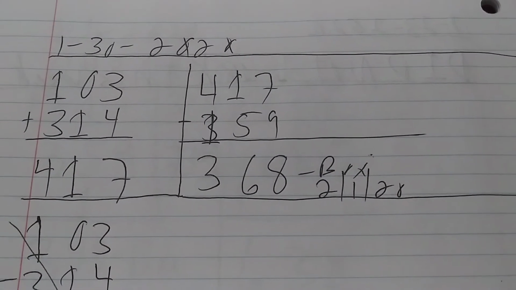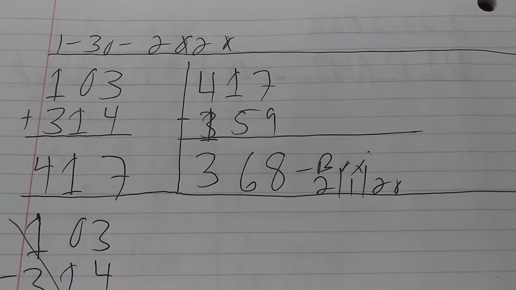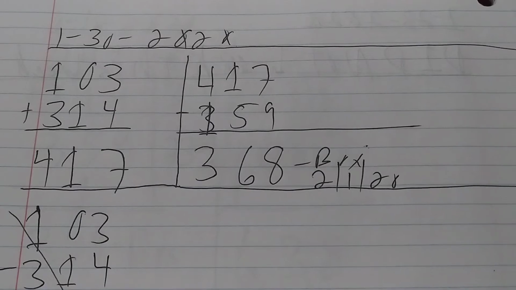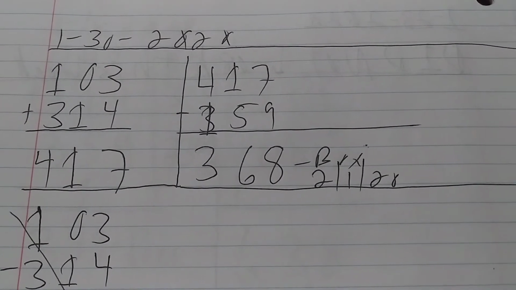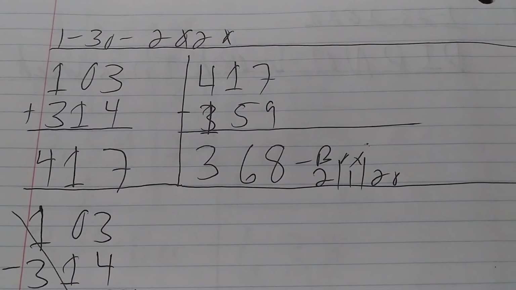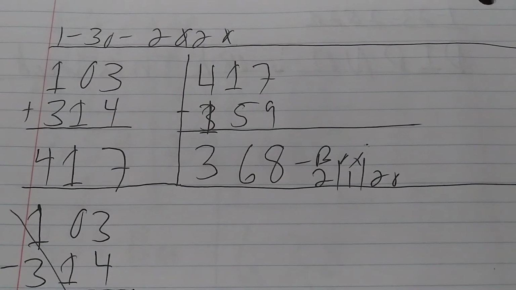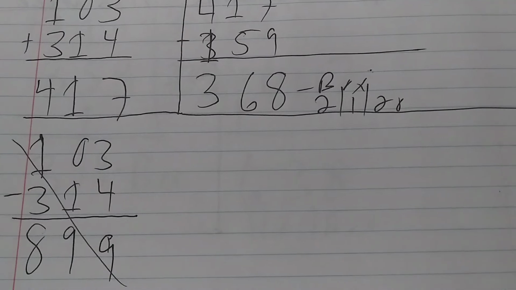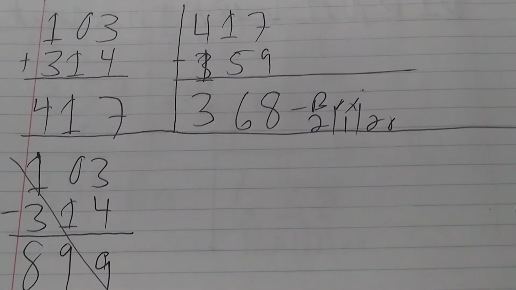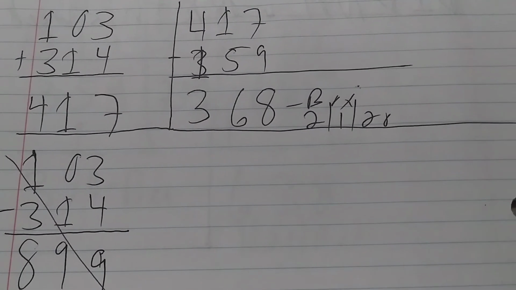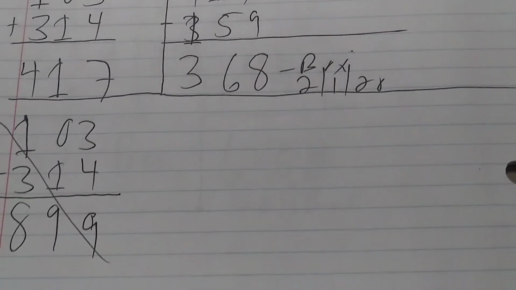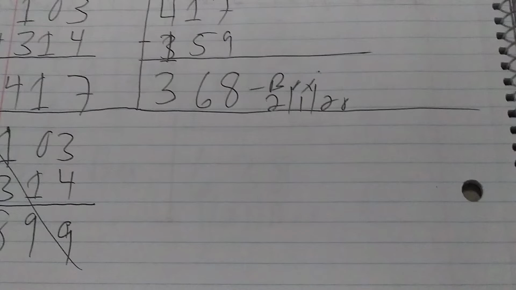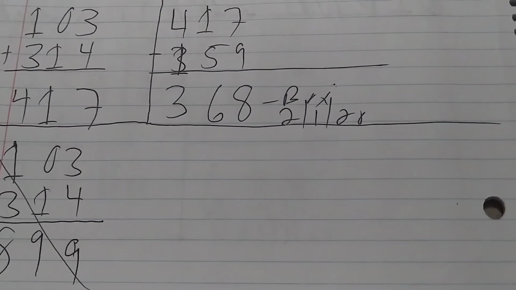You're going to subtract off 159, so 4 minus 1 is 3. 11 minus 5 is 6, and then 17 minus 9 is 8. 368 was a box hit on February 1st. Ignore that, it's just something I scratched off because I did the math wrong. Where I scratched that off, 103 minus 314, ignore that. It's totally separate from up here.